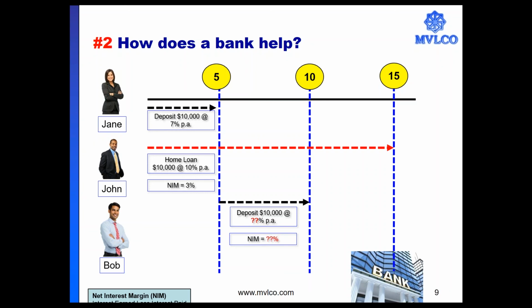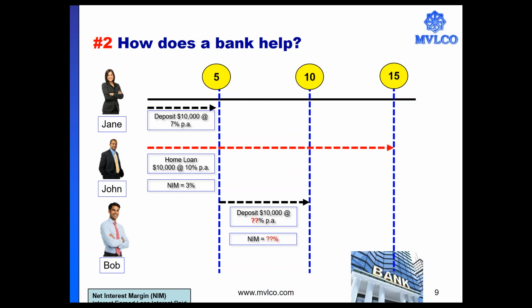So in this example, I am sourcing a fresh deposit at the end of the 5th year from Bob. Now what I'm going to do with this $10,000 raised from Bob is use it to repay Jane. So how we are managing the mismatch in timing is that Jane, at the end of the 5th year, is expected to be repaid by taking a fresh deposit from Bob.